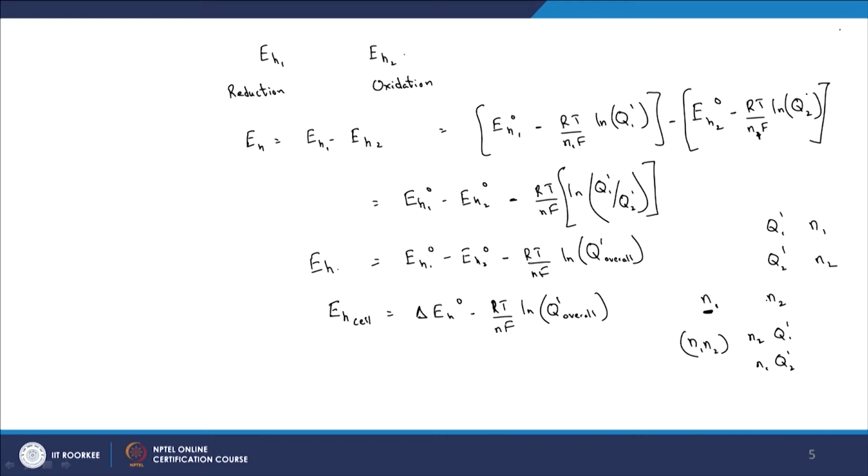To have the same number of electrons being transferred, we need to multiply Q1 dash by N2 and Q2 dash by N1, and the relevant stoichiometric coefficients. Anyway, that is the way to go about it.